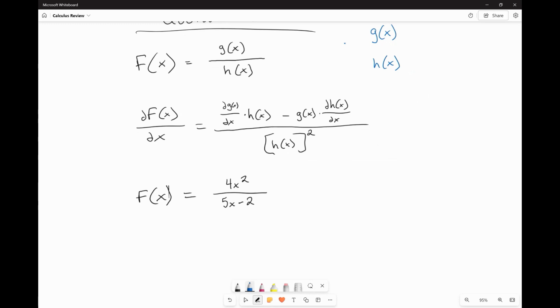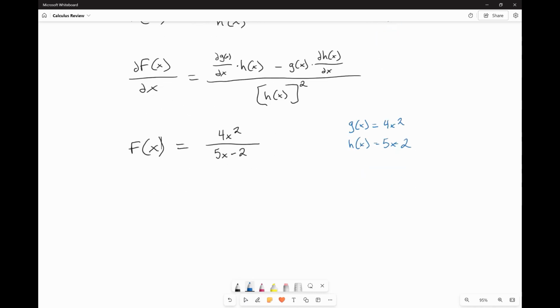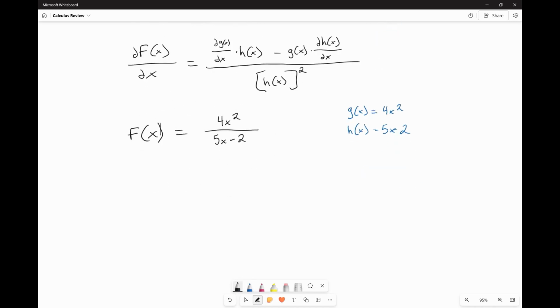You have a function in the numerator, so that'll be g of x, that's equal to 4x squared. And we have a function in the denominator, so that's h of x equals 5x minus 2. And so once we figure out what g of x is and what h of x is, we will just follow the equation. So let's do that.